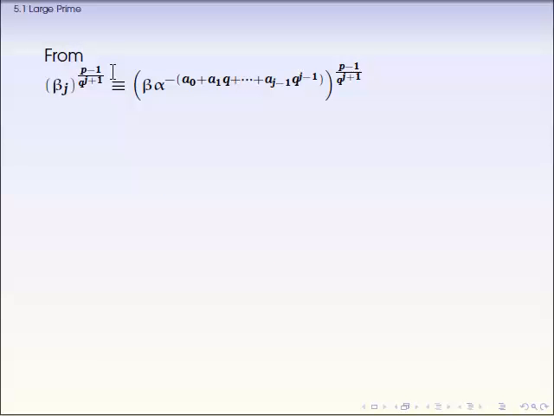Then from that equation, just put p minus 1 over q to the j plus 1 on both sides. Once again, from the equation, beta j is the same as this one, and just put these new powers on both sides. Then the right-hand side becomes this, because beta was congruent to alpha to the x, and this part multiplied by that, so we can put them together and it becomes alpha to the x minus that.